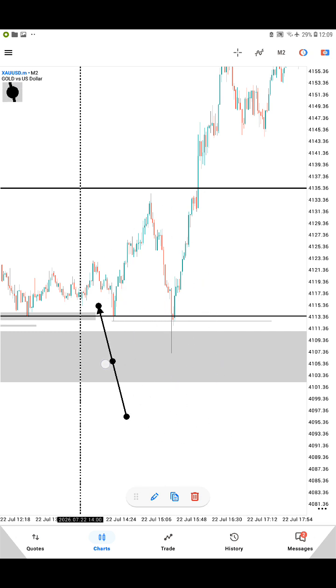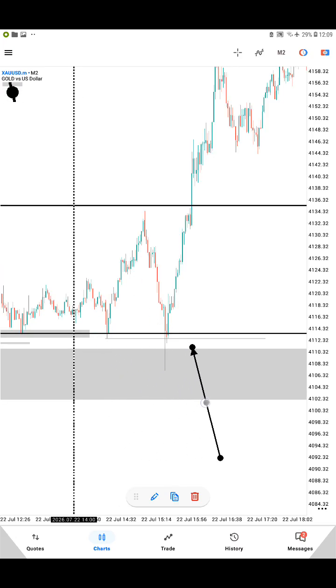As you can see, I didn't mark the high and the low of a 30 minutes 2 o'clock candle, right? Because it is still inside the same range. So this is a total sweep.